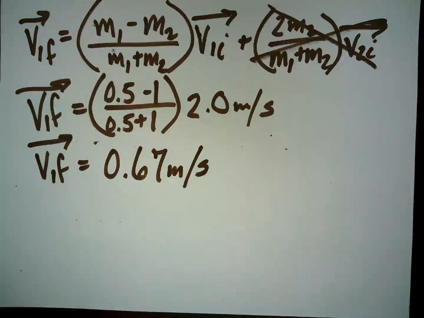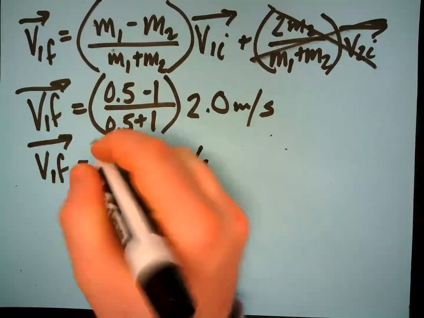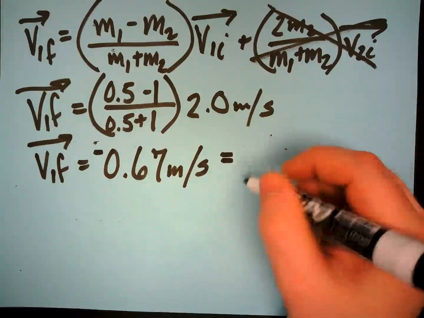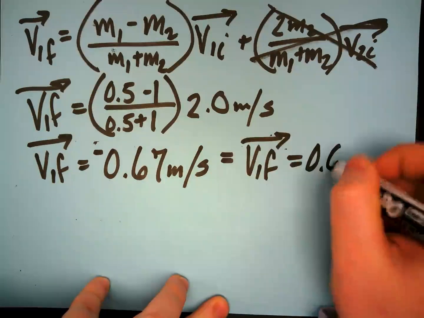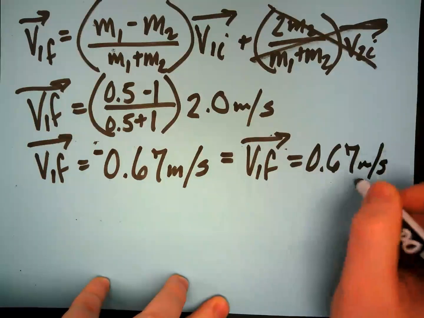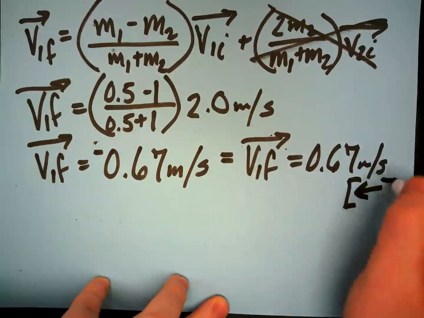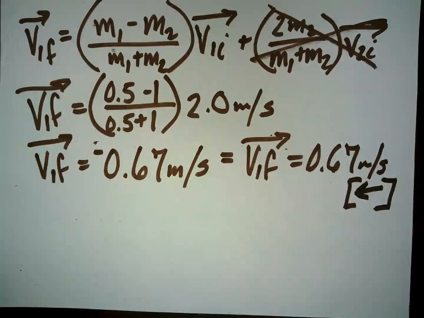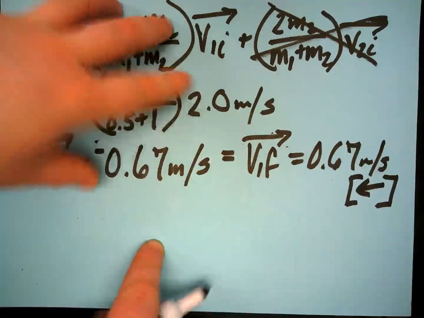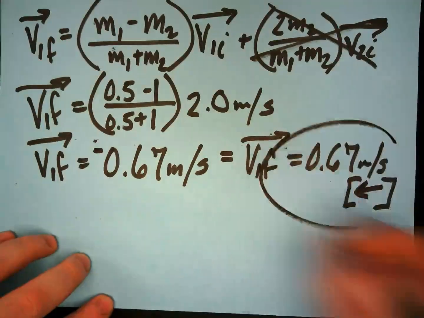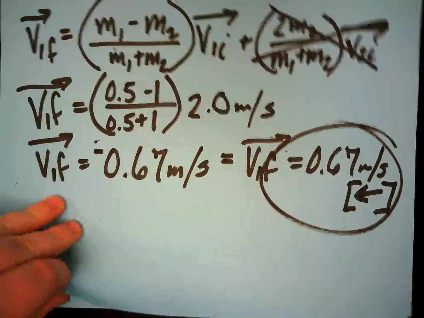Because my calculator brings that up as a negative, that means this is going to be 0.67 meters per second in this direction. It's going to hit our cart, and it's now going to move in the opposite direction it was moving. First it was going this way, and now it's going to go this way. So there is the answer for our final velocity for cart 1.